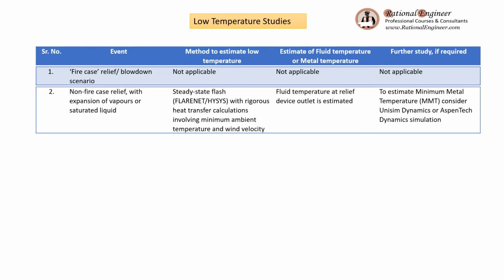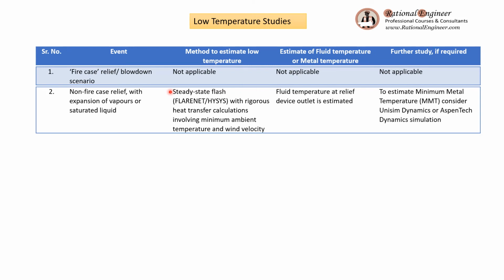Next, we can look at the non-fire case reliefs where there is an expansion of vapors or saturated liquids. The first option is to perform a steady state flash using Flarenet itself or other process simulator, which should also involve any rigorous heat transfer calculations involving the ambient temperatures and wind velocities.